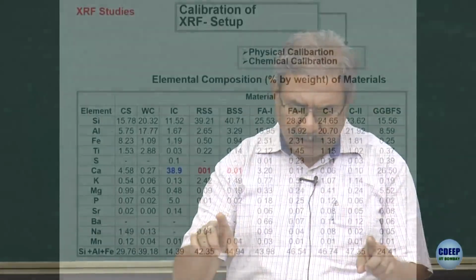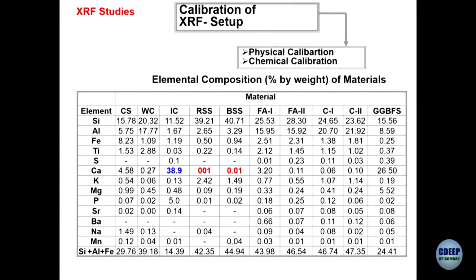I have shown a table here which indicates the elemental composition of the geomaterials. Here you will see the elements are silicon, aluminum, iron, titanium, sulfur, calcium, potassium, magnesium, phosphorus and so on, correct. It depends upon your requirements, what you really wish to understand. On this side I have shown different types of material: CS is the silt, WC is the white clay, which is nothing but the kaolin, and IC is the chalk sample which we got from some other country.